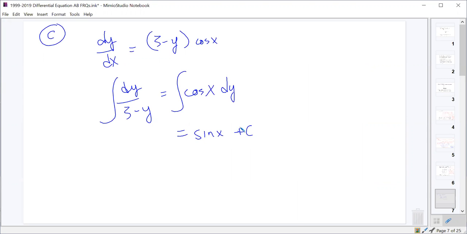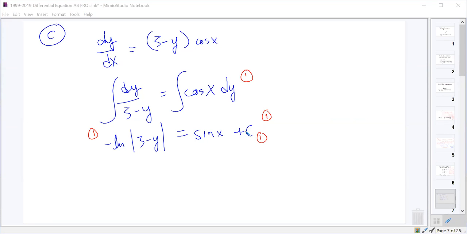And then this side, you would have had to do a simple u sub, u equals 3 minus y. And du would be negative dy, so you'd end up putting a negative inside and a negative outside. So you'd end up with negative natural log absolute value of 3 minus y. And so 1 point for properly separating, 1 point for each integral, and 1 point for having the constant in this one.